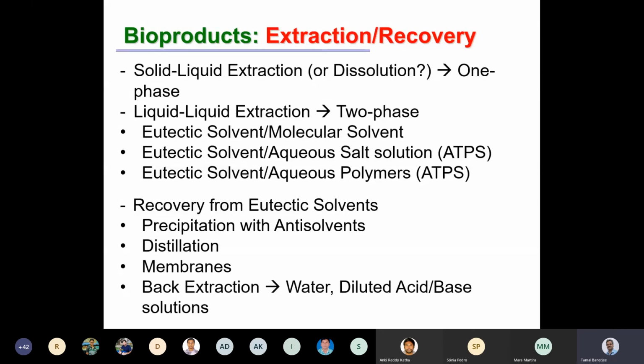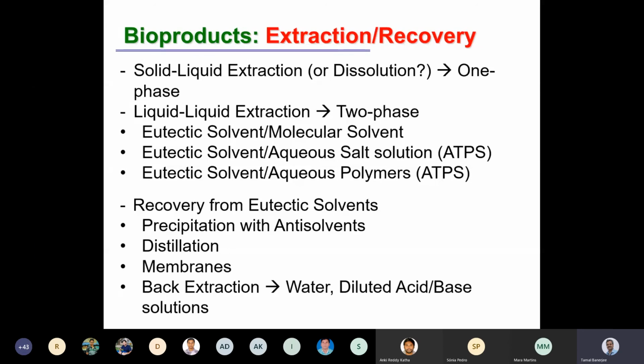The solid raw material doesn't remain, everything becomes liquid, just one liquid phase. We can use liquid extraction with two phases, with an ionic solvent and a molecular solvent. One is hydrophilic, another is hydrophobic.